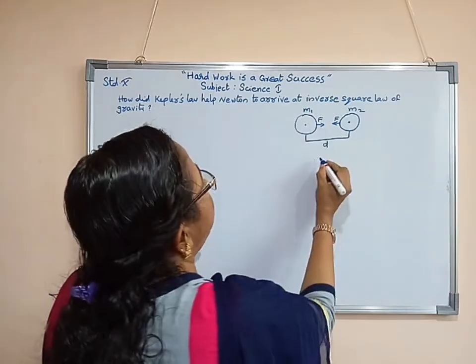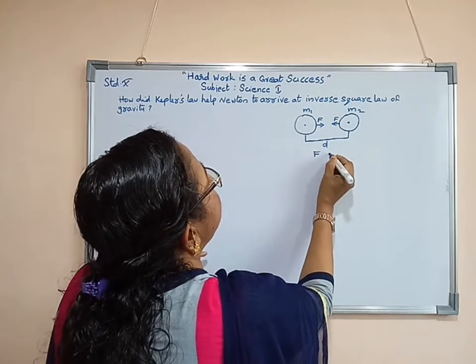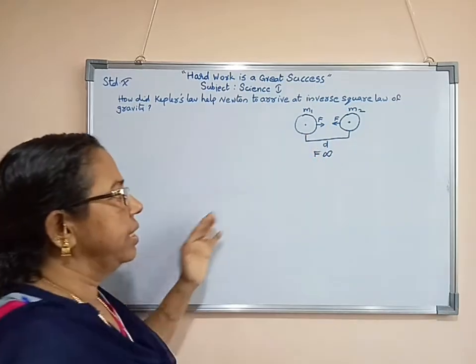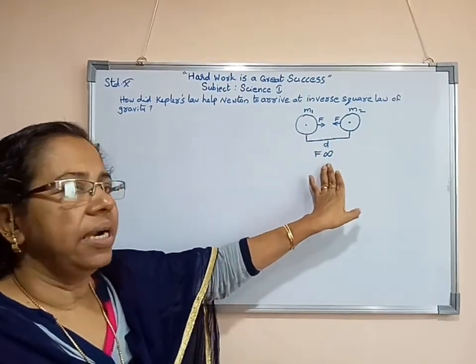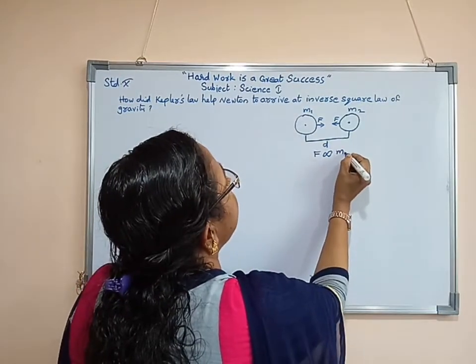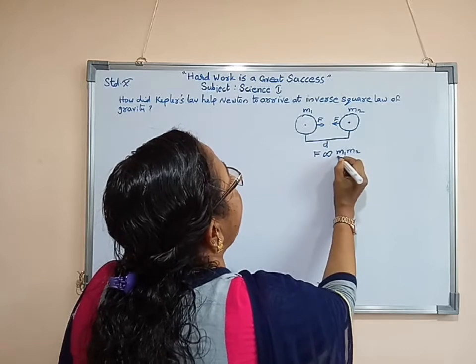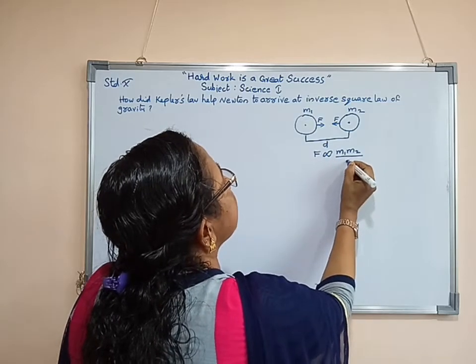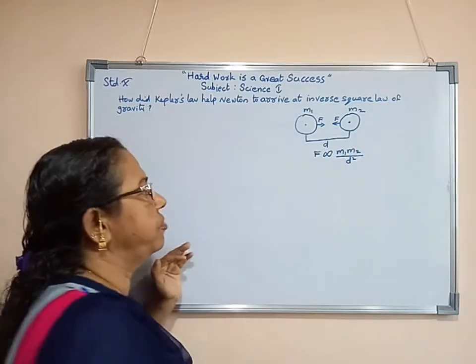Now for finding the force, we had studied one equation, that is force is directly proportional to the product of their masses and inversely proportional to the square of the distance between them.